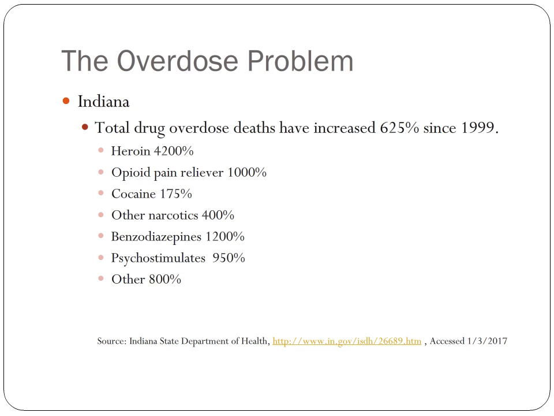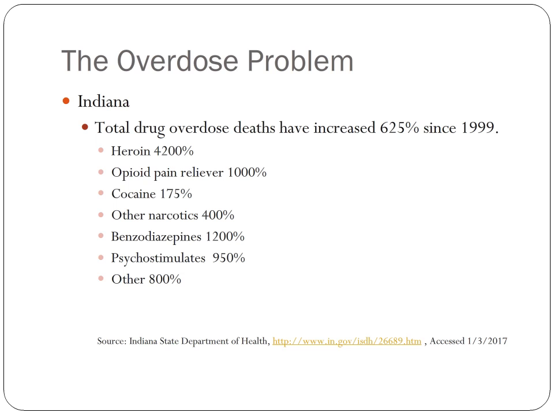And in Indiana, the problem is just as bad, if not worse, than at the national level. You see in this slide the total drug overdose deaths have increased 625% since 1999. That's total drug overdoses, so that makes up all drugs. You see the breakdown since that same period. Heroin drug deaths have increased 4,200%.